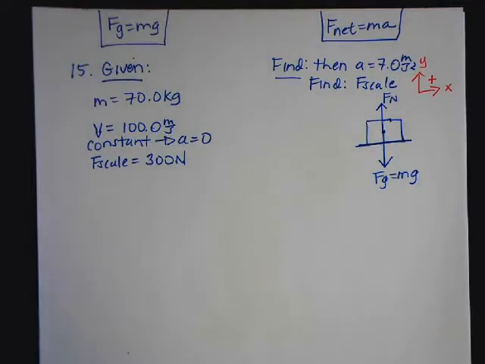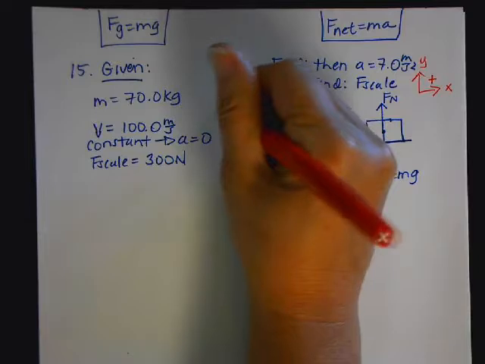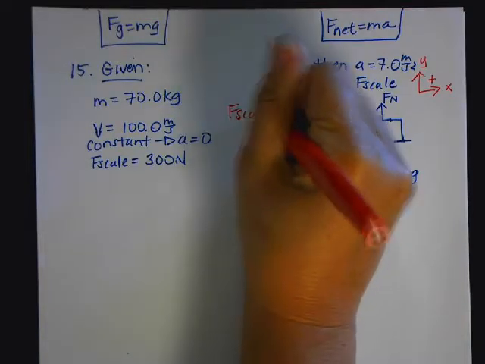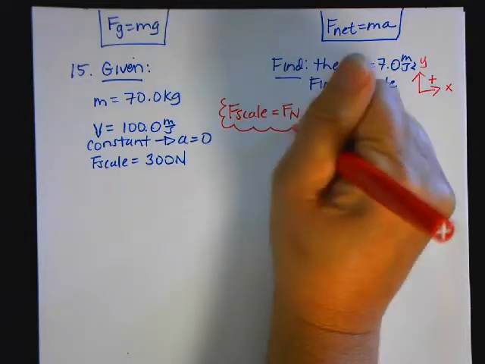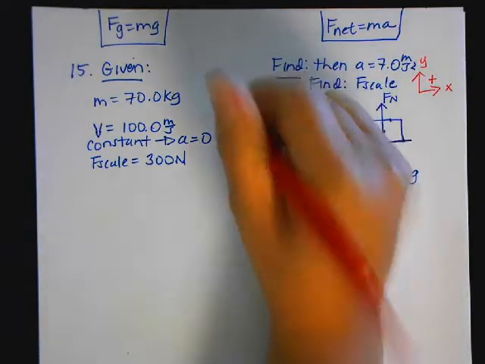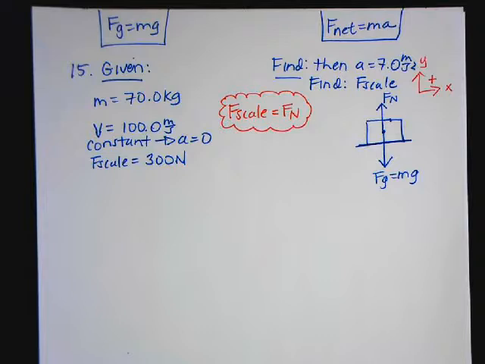The key to doing these problems is that the reading on the scale is actually the normal force. That is the key to these, what we call in physics, classic elevator problems. The reading on the scale is the normal force.